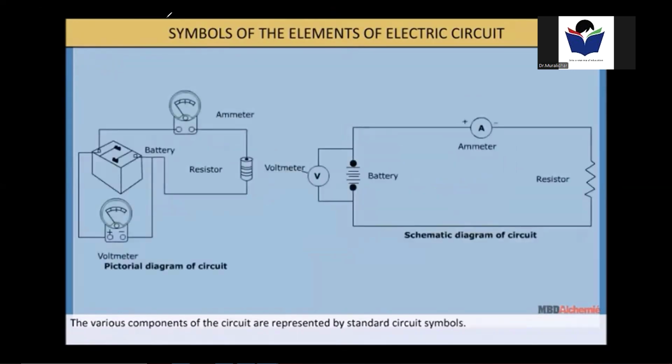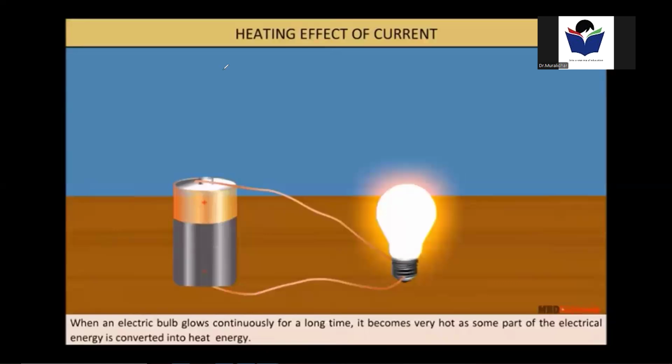The various components of the circuit are represented by standard circuit symbols. It is much easier to draw a circuit diagram using symbols. Therefore, we generally represent an electric circuit by its circuit diagram as shown. Symbols of some common components are shown. Heating effect of current.